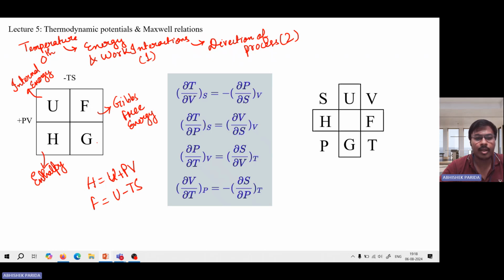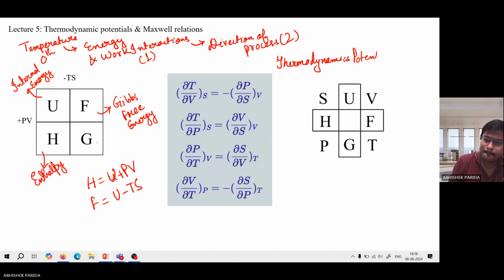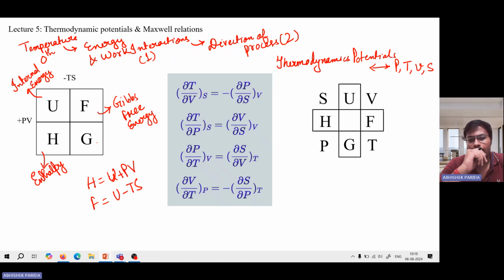So in that case, we wanted to interrelate these thermodynamic potentials, and for that we found the Maxwell relations, which tell us the relation between the thermodynamic potentials and pressure, temperature, specific volume, and entropy.